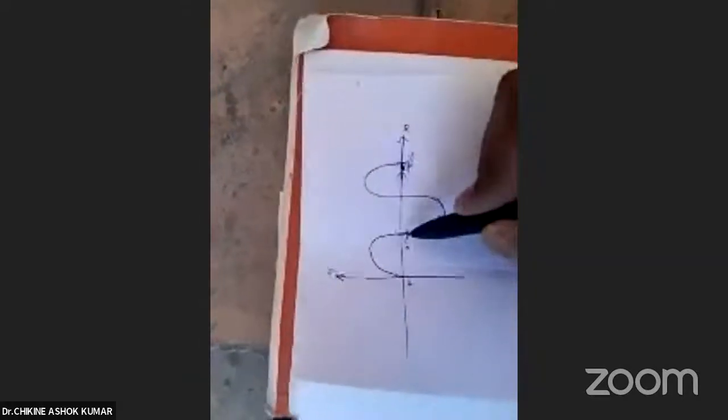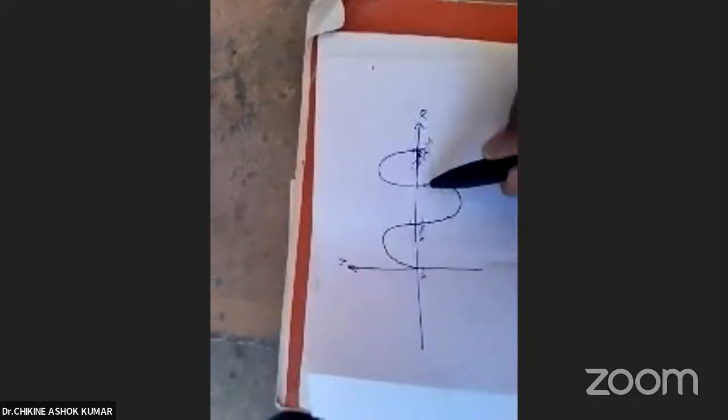Let us suppose this is x equal to a and this is x equal to b. In this interval I am taking this. So from x equal to a to b, it is a continuous curve.